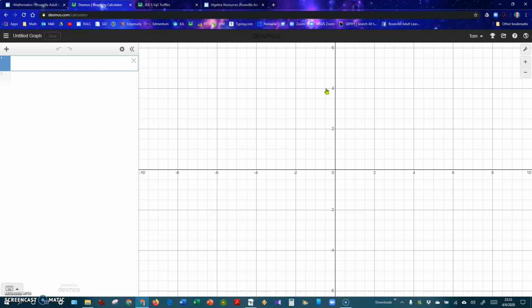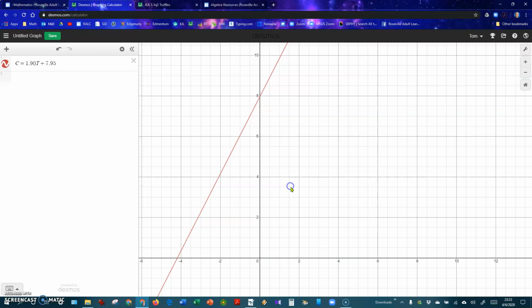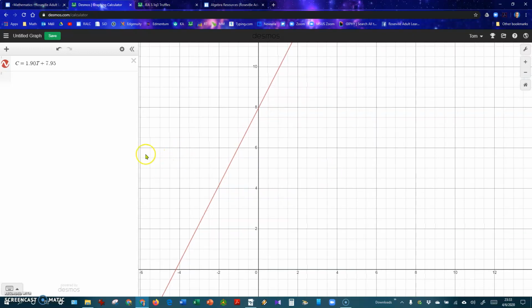And because we already have that nice equation given to us, we can go ahead and type that right in. C is equal to 1.95 times T plus 7.95. And it gives us a line on the graph right away, which we can then play with and adjust as we need.